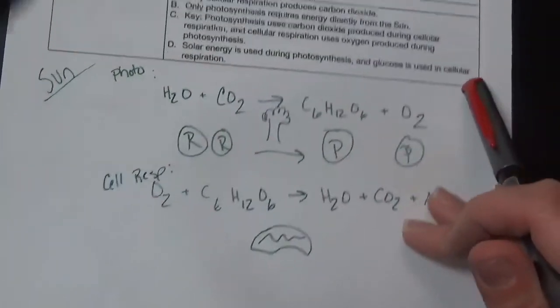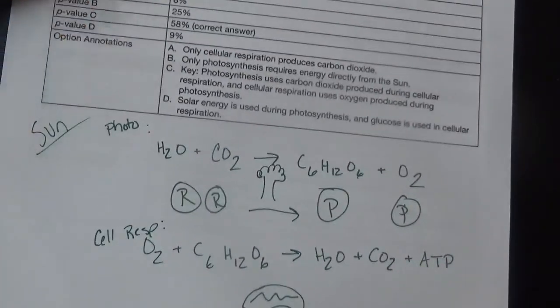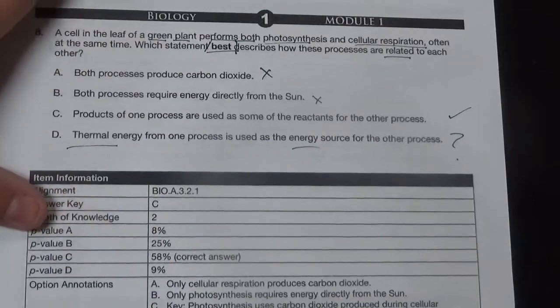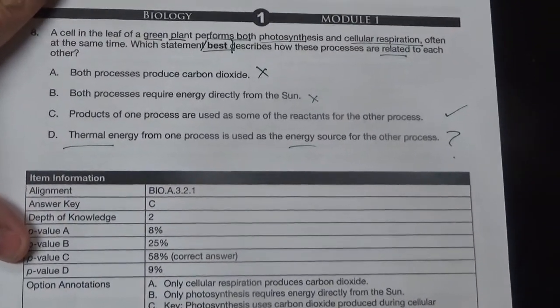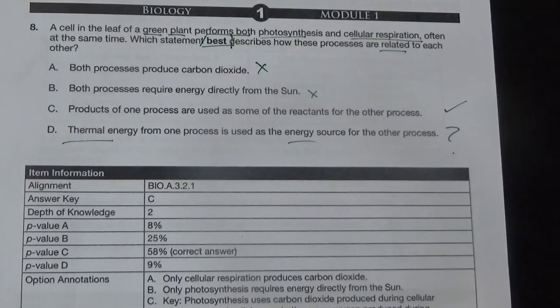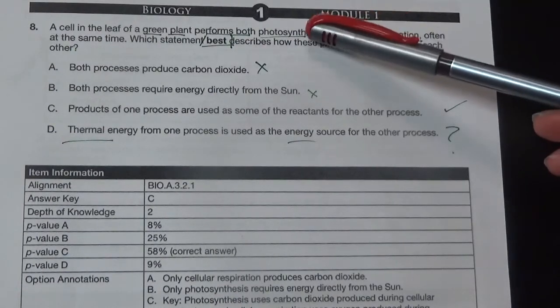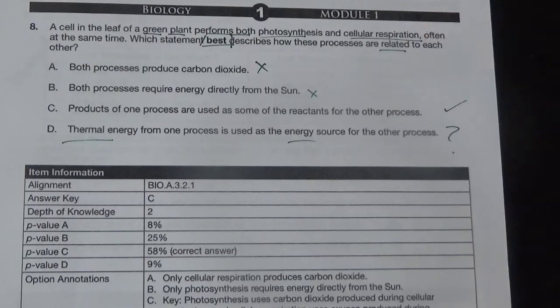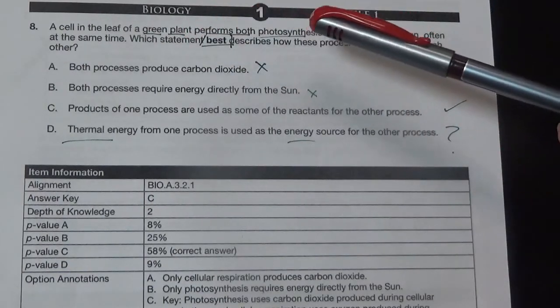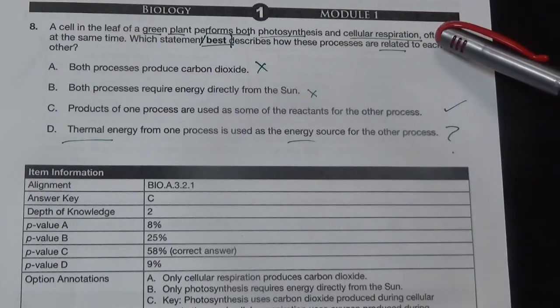Okay, looking at page 26, this was one of the sample questions from the Keystone exam. It says a cell in the leaf of a green plant performs both photosynthesis and cellular respiration, often at the same time. Which statement best describes how these processes are related to each other?